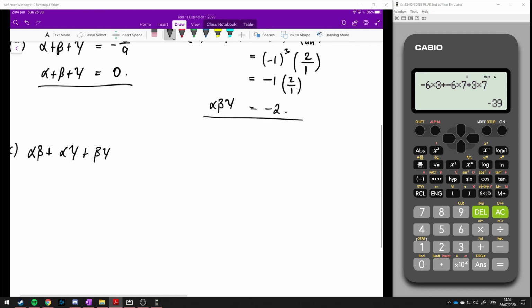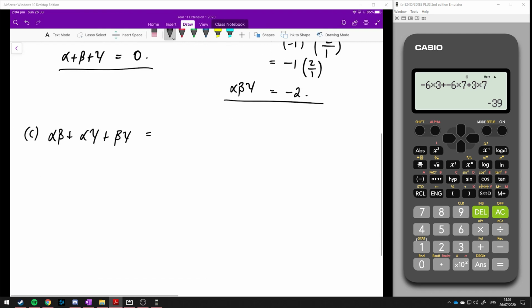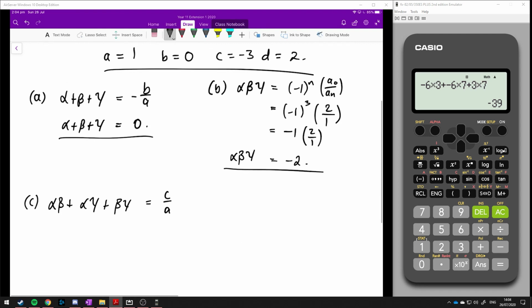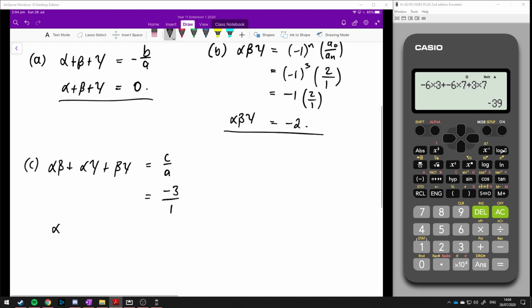So this one is C on A. My value of C is equal to minus 3. My value of A is equal to 1. So alpha beta plus alpha gamma plus beta gamma is equal to minus 3. So those are the three easy ones.